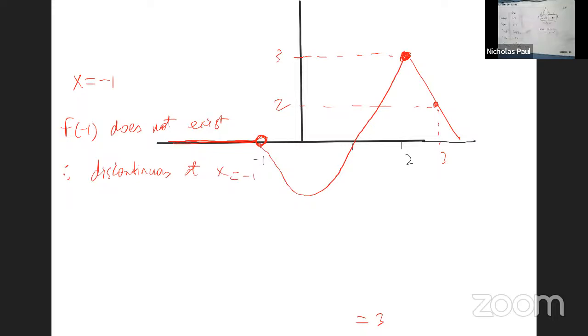Now x is 2. So a little mistake there, Anna. Wait, it wasn't Anna. All right, Shavish, good. Somebody submitted a mistake just now.